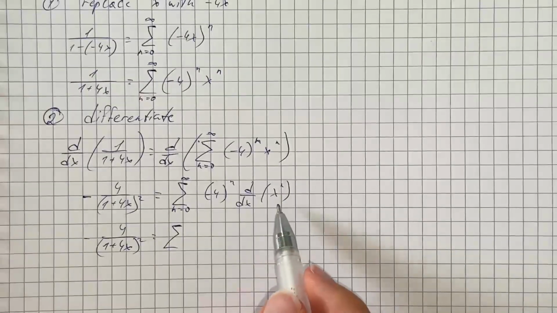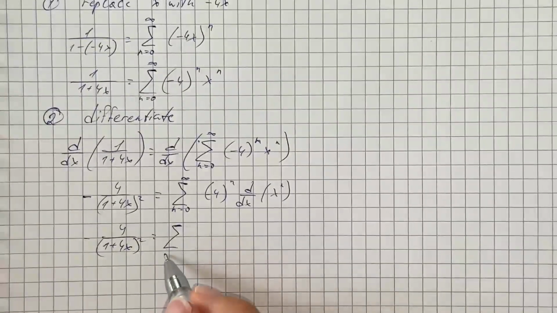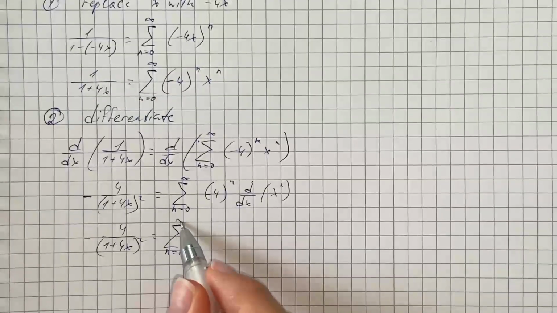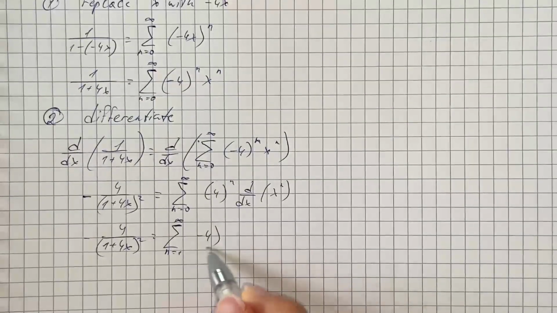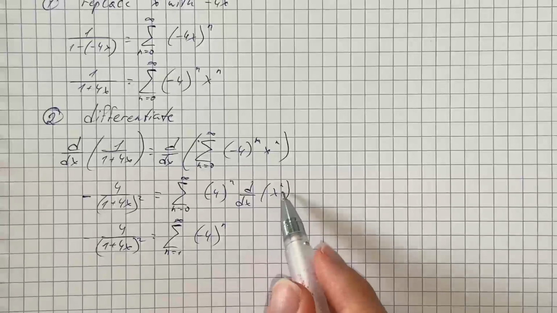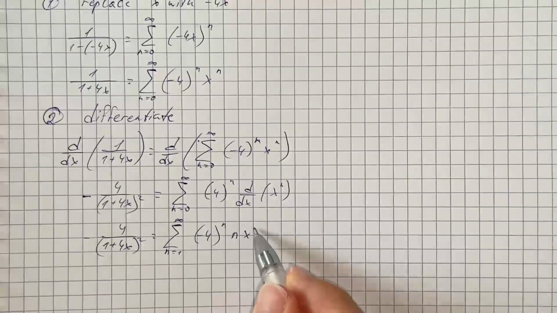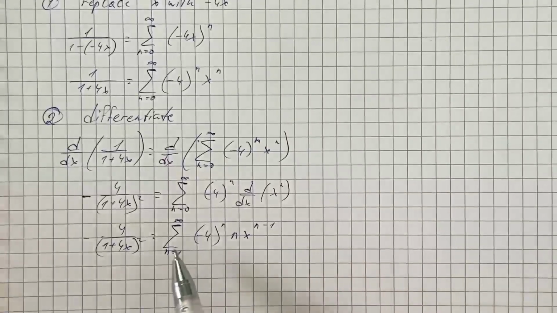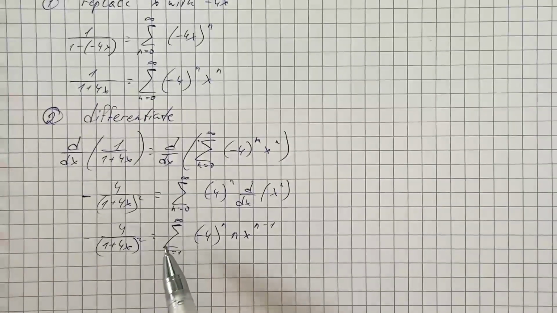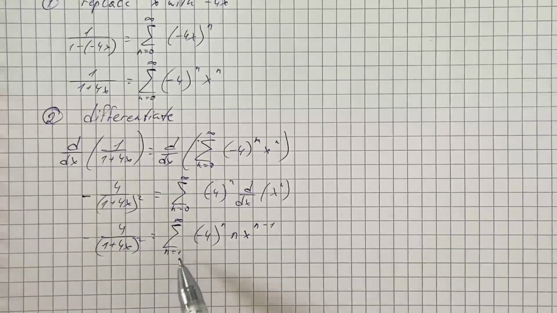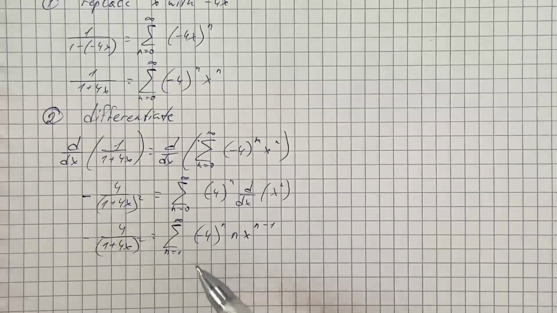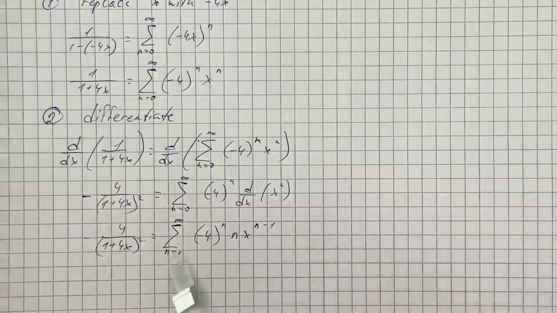So here we're going to use the chain rule, and now we have the sum from 1 to infinity of negative 4 to the n, and the derivative of x to the power of n is n times x to the power of n minus 1. So now the sum on the right-hand side is starting from n equals 1 because the first term died during differentiation.